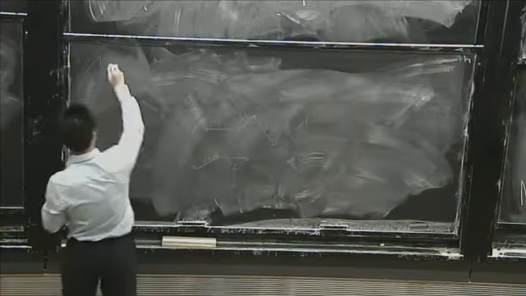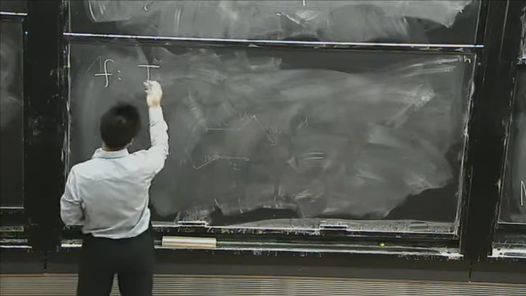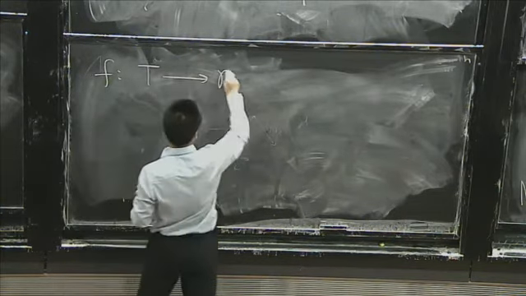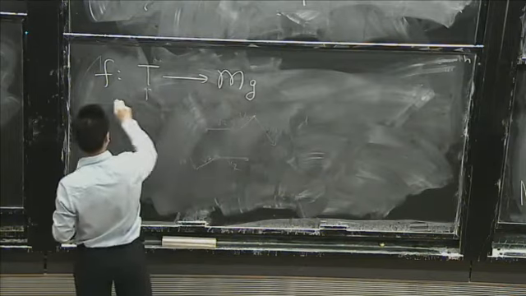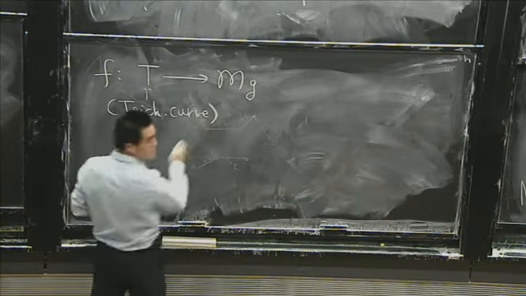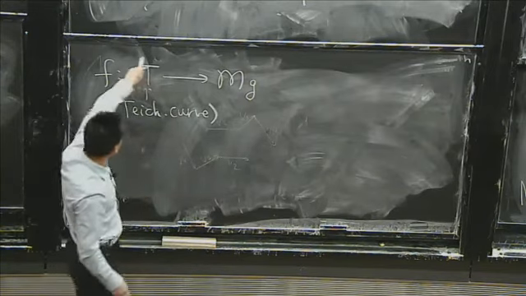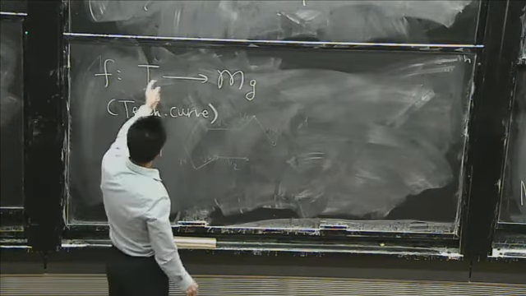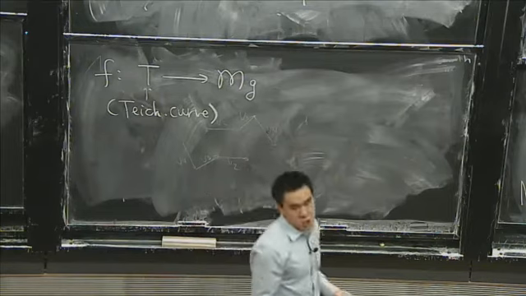So I take this map from the Teichmüller curve, say any Teichmüller curve T, to Mg, just by forgetting the one form, only keeping the Riemann surface. And that gives you a complex one-dimensional family of genus g curves.